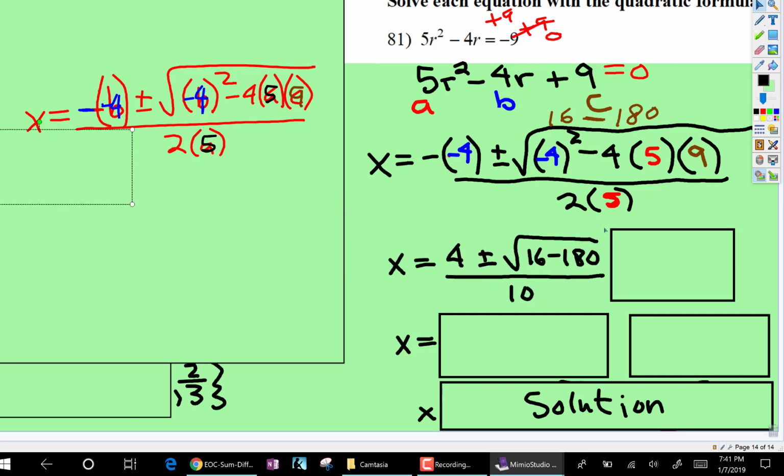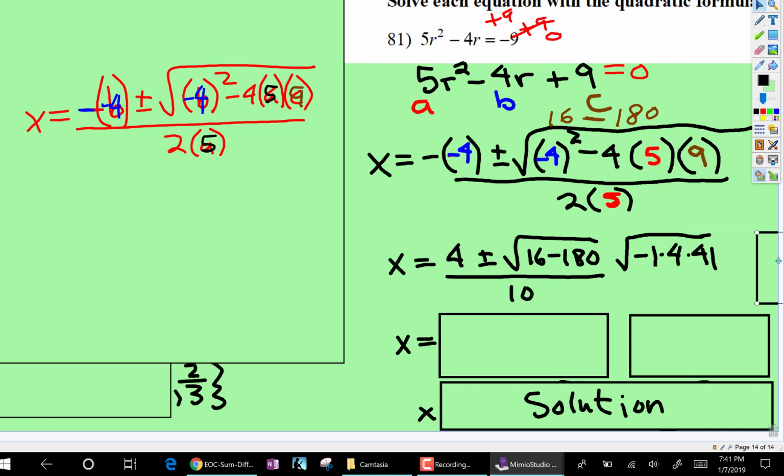So 16 subtract 180 is -164, I think, and then 2 times 5 is 10. And then I just did some factoring. So we factored out a -1. I know a 4 goes into this.